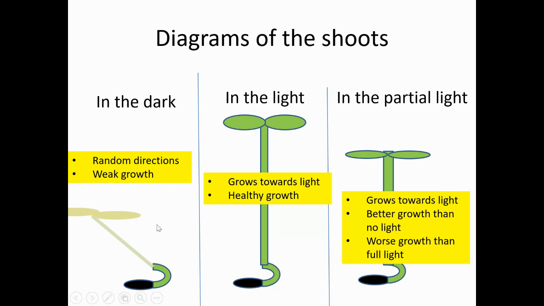So, quick recap. In the dark, it grows in random directions and has weak growth. In full light, it grows towards the light and is very healthy. And in partial light, it grows towards the light as well. However, it is better than no light growth, but not quite as healthy as the full light.